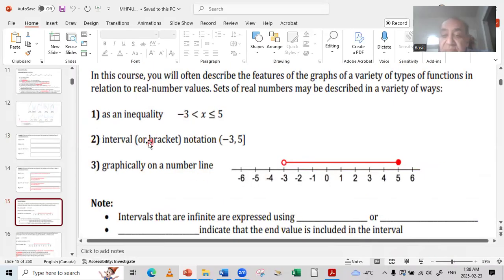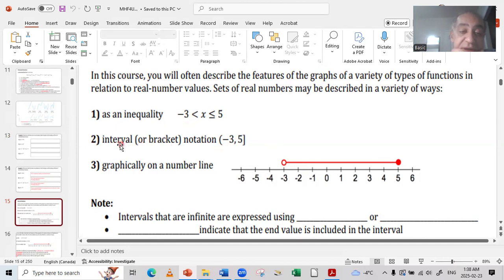So here, the inequality means these signs, because there is no equal, it is an inequality sign. It's called inequality. Greater than or less than. And I have two kinds of brackets.